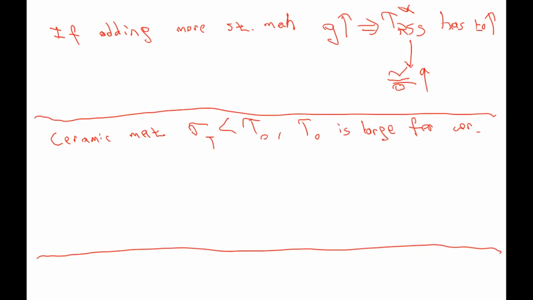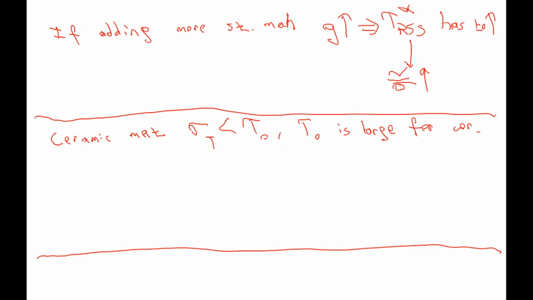And once you apply a lot of stress, you activate dislocations, you are increasing your G, you're increasing your tau, the resolved shear stress, then you need to increase your stress tensor, which makes the material more ductile.